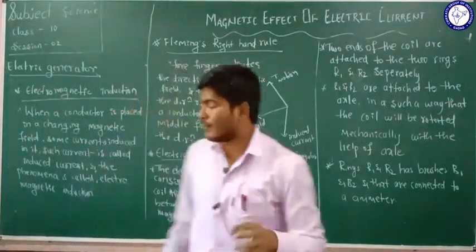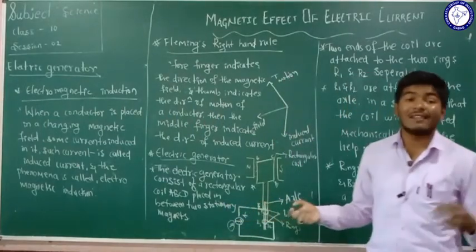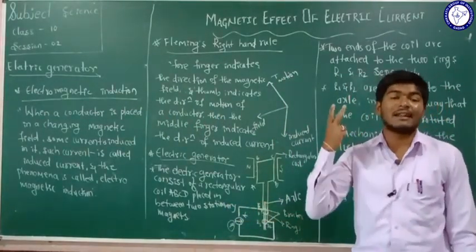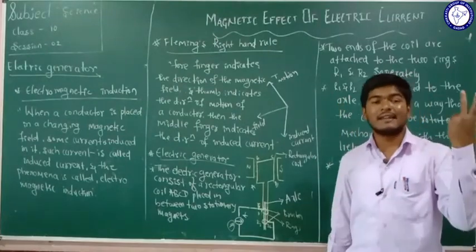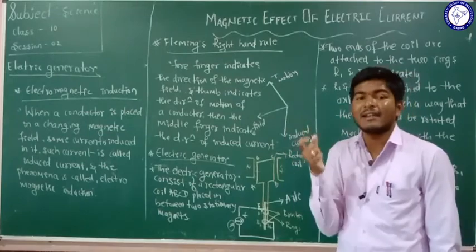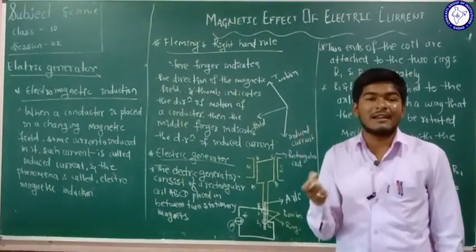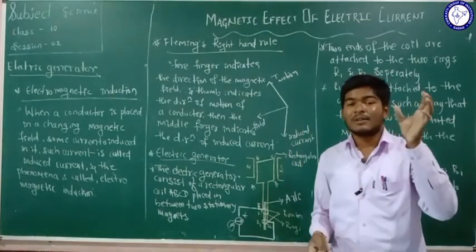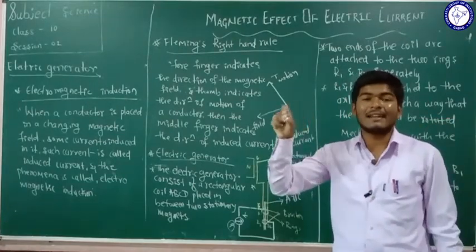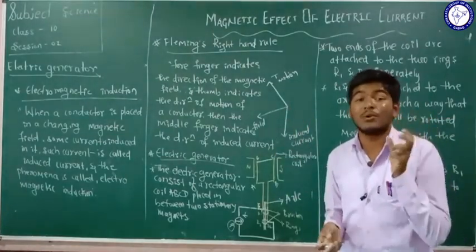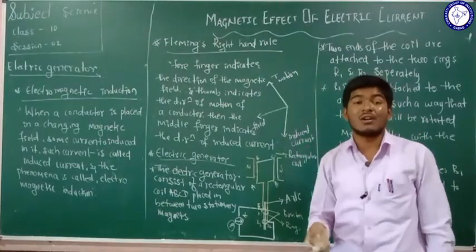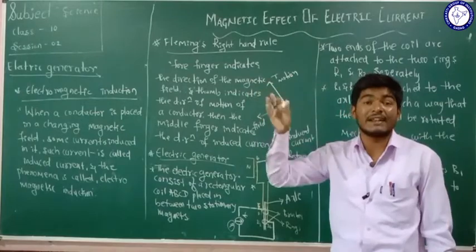So from the electric generator, or from the electricity we get, there are two types of electric current, that is DC current and AC current. AC current is the alternating current. The amount of the electric current is not fixed; the value of the current is always changing, that is alternating current.